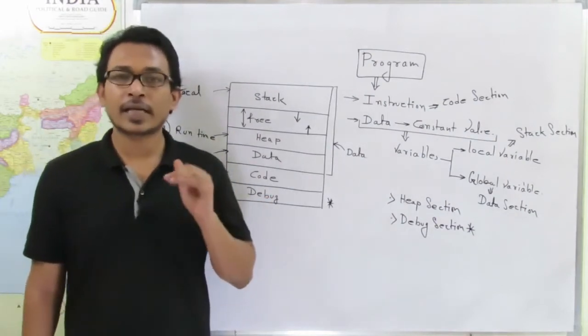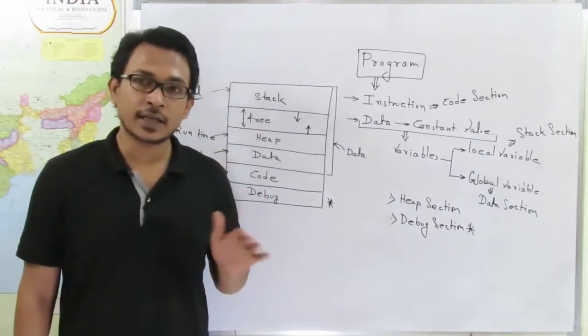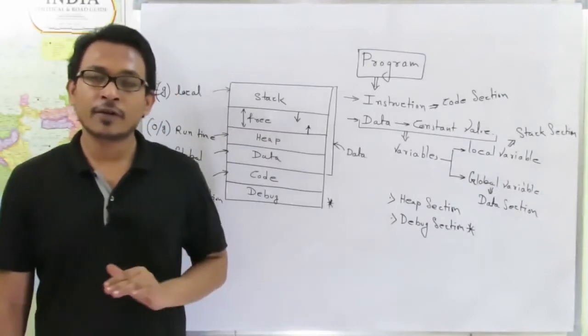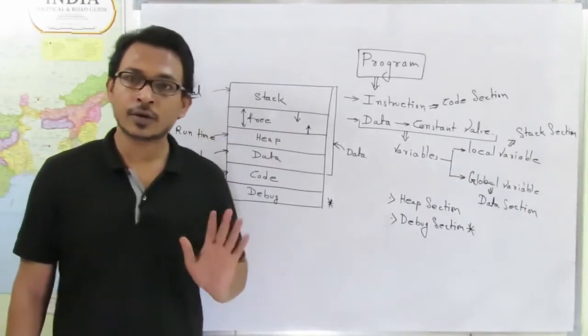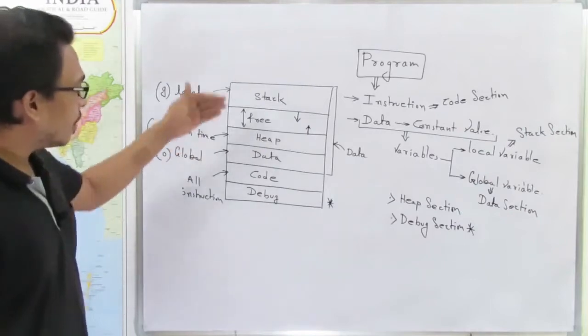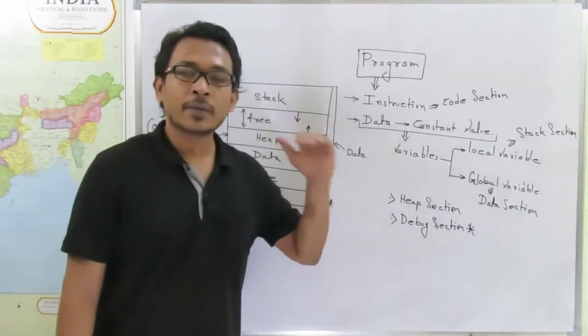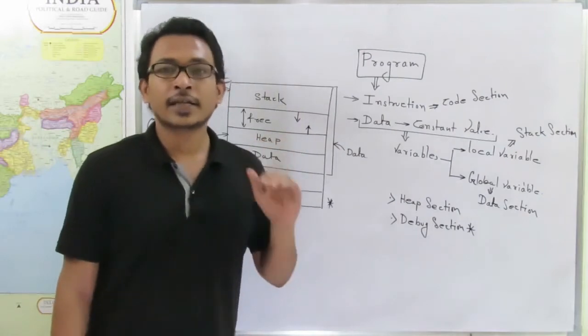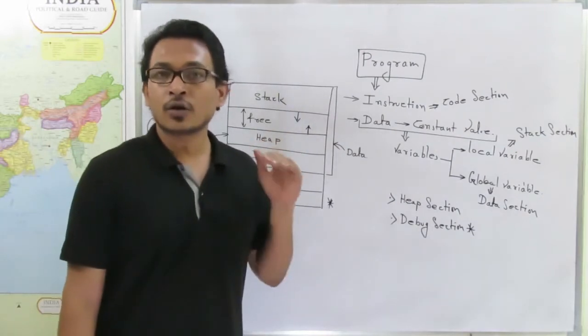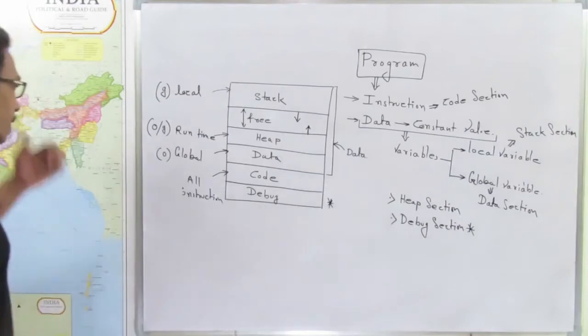If the memory is allocated from the data section, the initial value is always 0. Clear? So depending on where the memory is allocated for a variable, the initial value of the variable also changes.